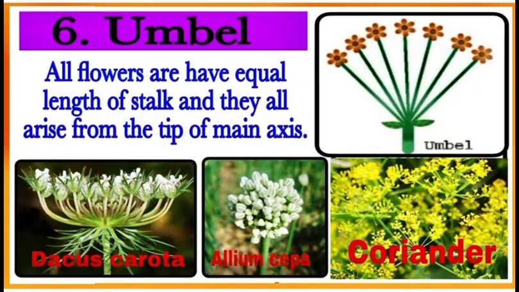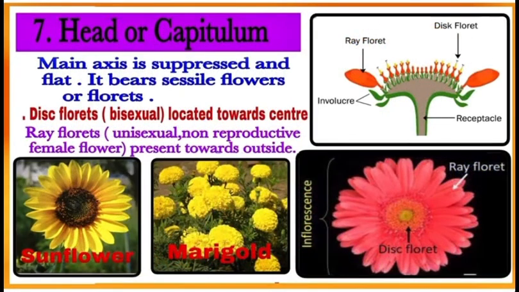Next type is umbel. Here all flowers are having equal length of stalks and they all arise from the tip of the main axis. Examples of plants having umbel type of inflorescence are Daucus carota, Allium cepa and coriander. Next is head or capitulum. Here main axis is suppressed and flat and it bears sessile flowers or florets.